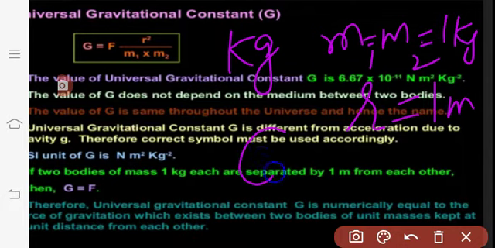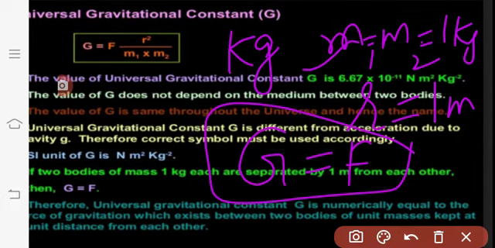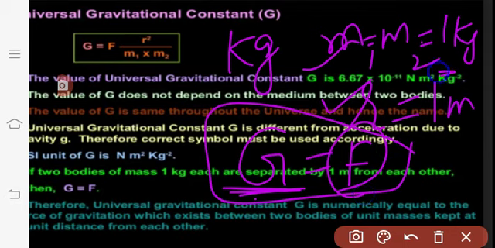In this case G is equal to F, because the masses are 1 kg and the radius is 1 meter. So the universal gravitational constant is equal to the force of gravitation which exists between two bodies of unit mass kept at unit distance from each other.